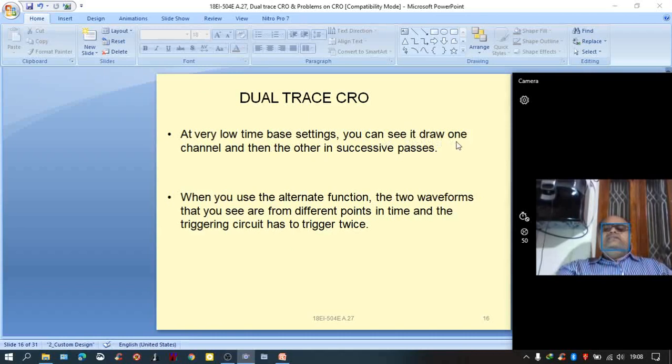You can see it draw one channel and then the other in successive passes. Continuously you can see both the waveforms with very low time base settings.